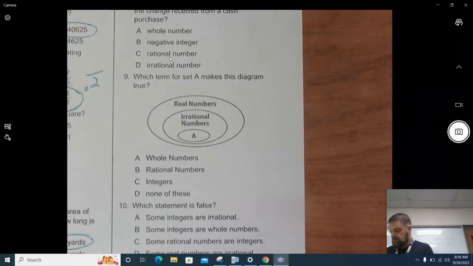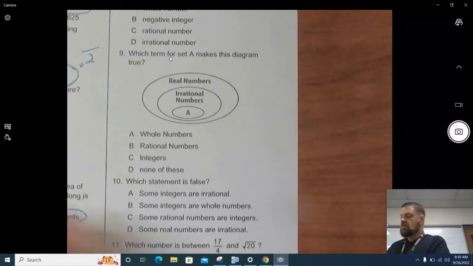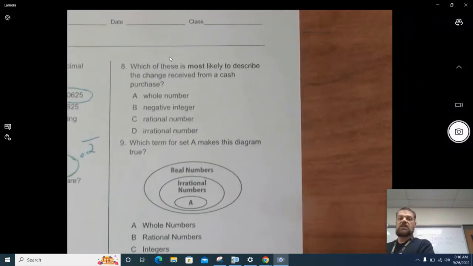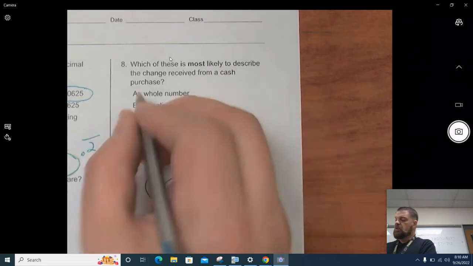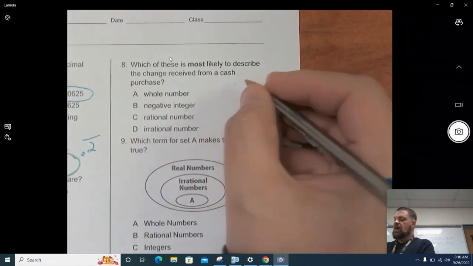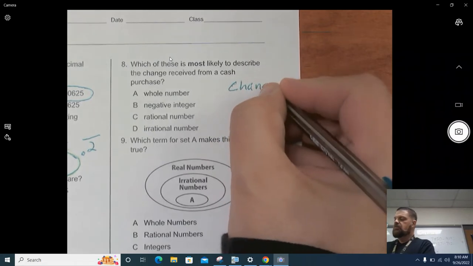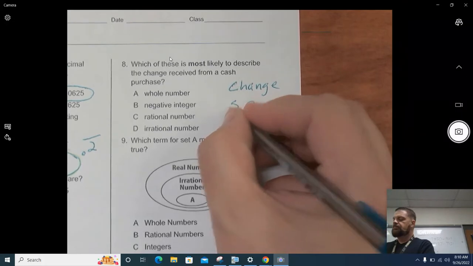All right, moving on to number 8. So it says, which of these is most likely to describe the change received from a cash purchase? So cash purchase could be like, I buy something and my change could be something like $2.35, right?